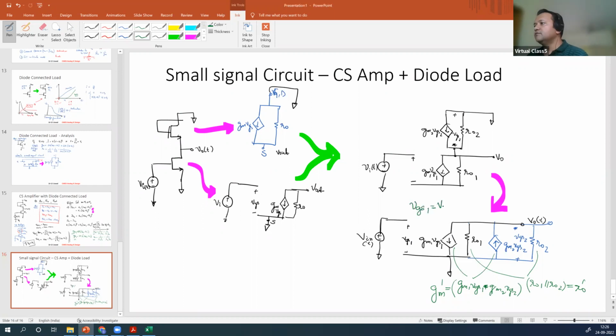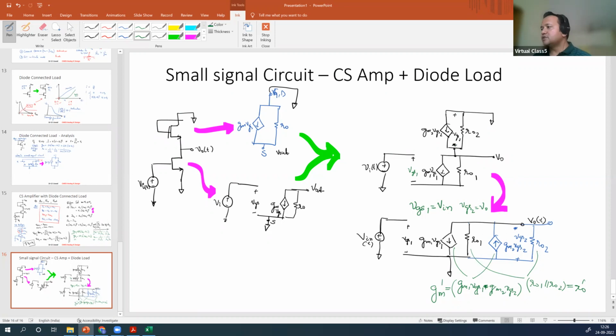That is from here, VGS1 is equal to Vi of t. VGS out is actually your V0, right? So your VGS2 is V0? Minus V0, inverted direction, right? Minus plus. So it is minus V0.